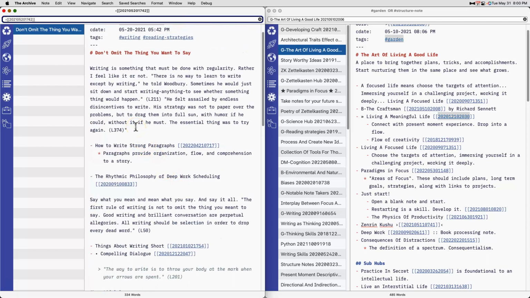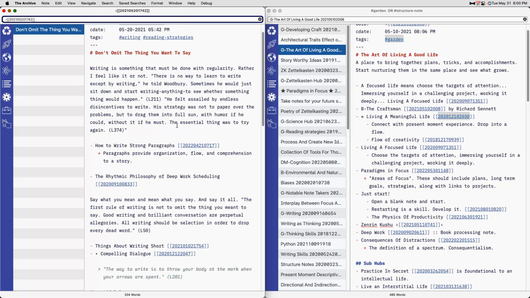Writing is something that must be done with regularity, whether you feel like it or not, of course. There's no way to learn to write except by writing. Interesting. Yeah, of course. This stuff seems so basic. Why even have it in a particular note other than as a reminder?